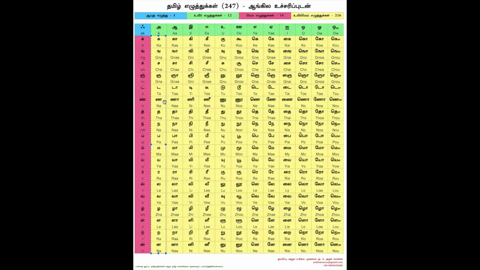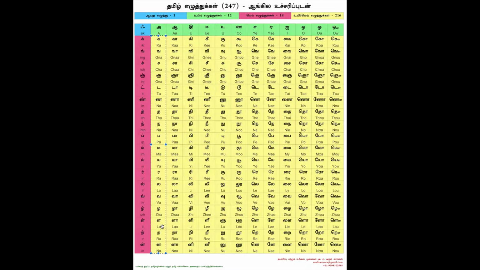Nana, na, tana, ta, nana, na, pana, pa, mana, ma, yana, ya, rana, ra, lana, la, vana, va, lana, la, lana, la. I know it sounds the same, but don't worry.